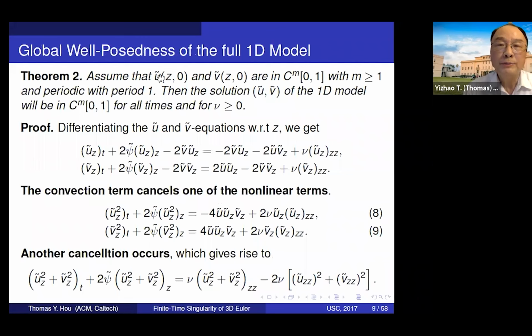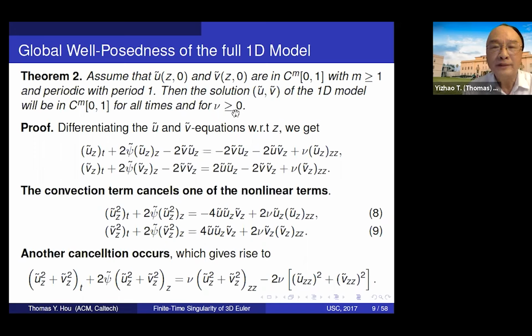But to our surprise, for some time we thought that it would be much easier to work on the one-dimensional model than the three-dimensional problem. But if you use the same kind of energy estimate, you encounter the same difficulty. The one-dimensional model is not easier to prove blow up or no blow up than the three-dimensional problem.